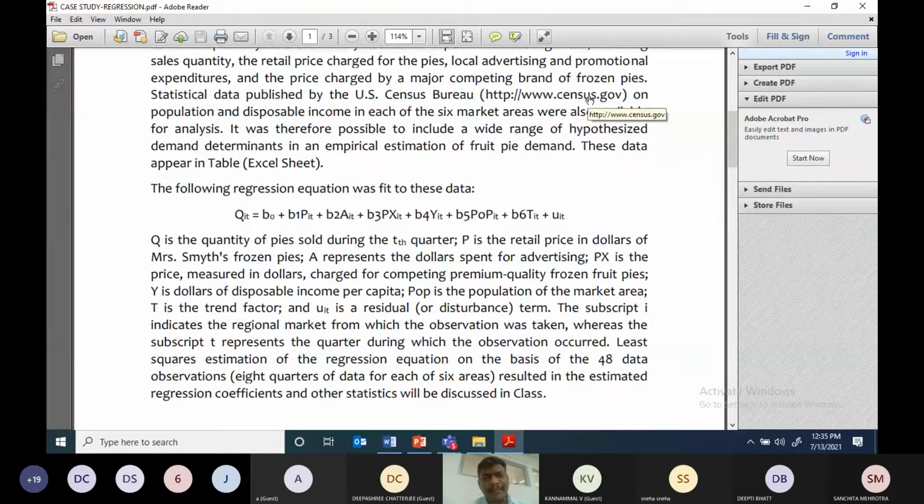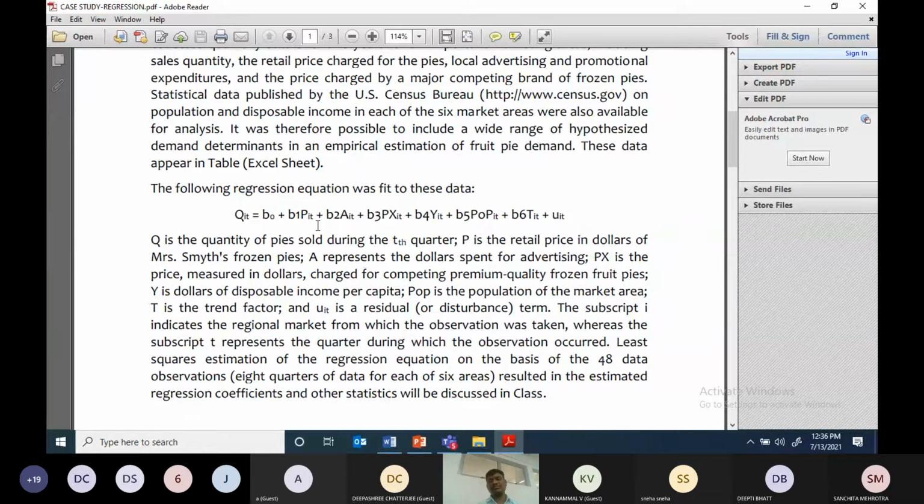Is it a multiple regression model or a simple regression model? Multiple, because the right hand side has more variables. The quantity demanded for pizza is the dependent variable.